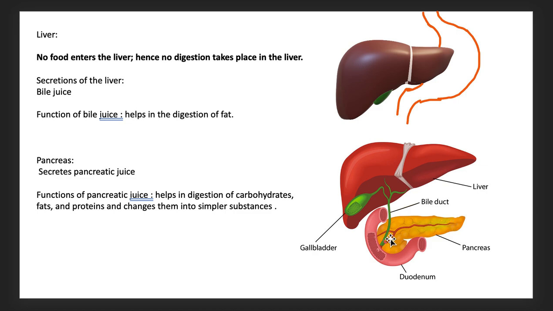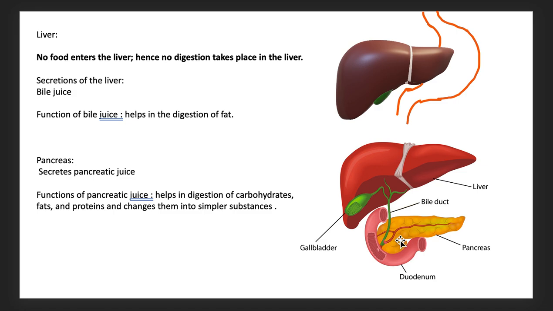These two are parts of the digestive system but not a part of the alimentary canal. This is a very important point which you should make a note of. The liver and pancreas are parts of the digestive system because they help in digestion, but they are not part of the alimentary canal. And why is that? Because food never enters the liver or the pancreas.